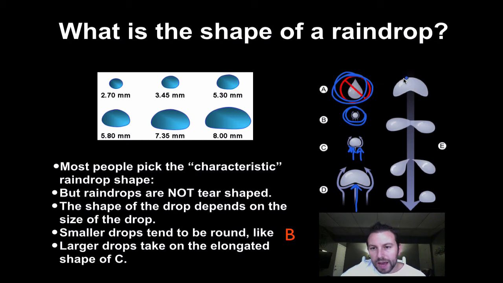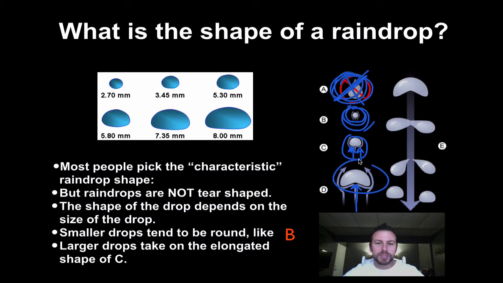Eventually, these really large drops will split, forming two smaller drops as they fall through the sky. So most people pick this, and that is not the case. It is not teardrop shape. Smaller drops tend to be more round, like this, and larger drops tend to be more like this one or this one right here.